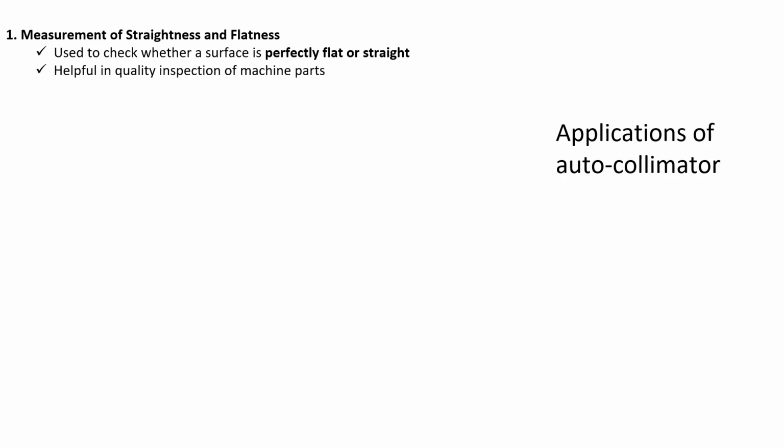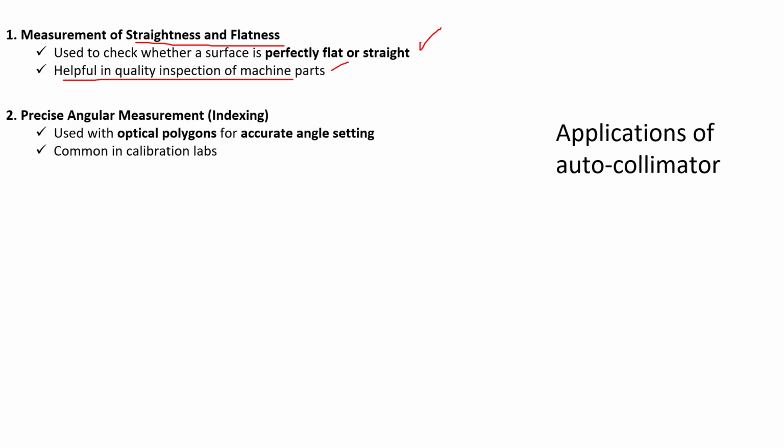The first one is the measurement of straightness and flatness. Straightness and flatness can be measured with the help of the autocollimator. It is used to check whether a surface is perfectly flat or straight, and it is very helpful in quality inspection of machine parts. The next application is precise angular measurement.